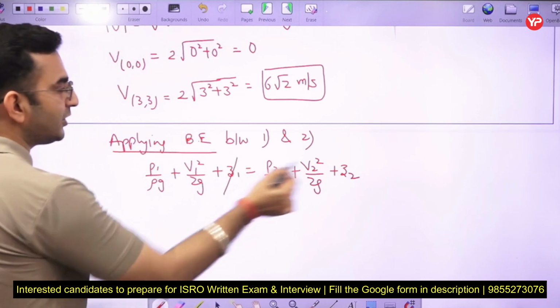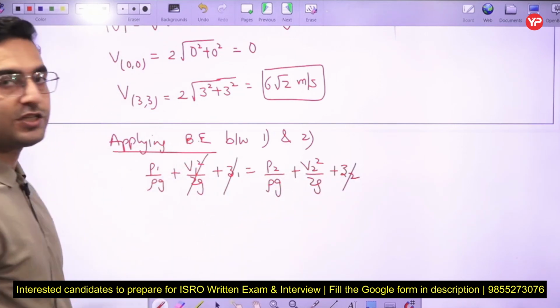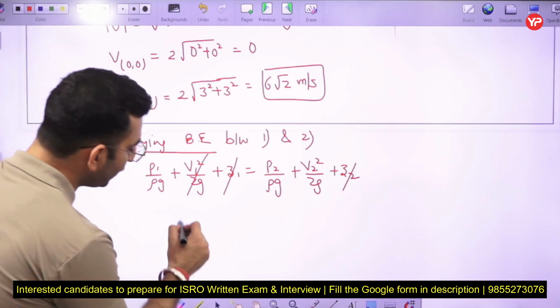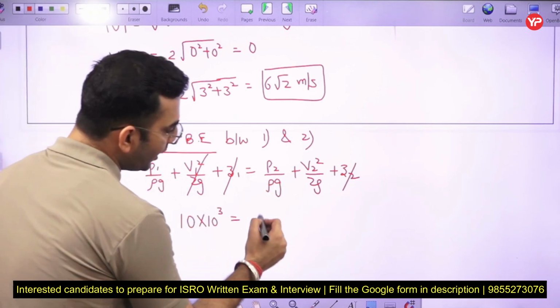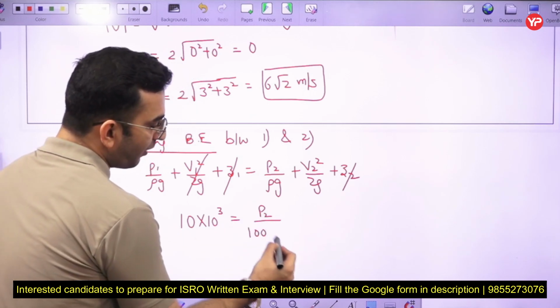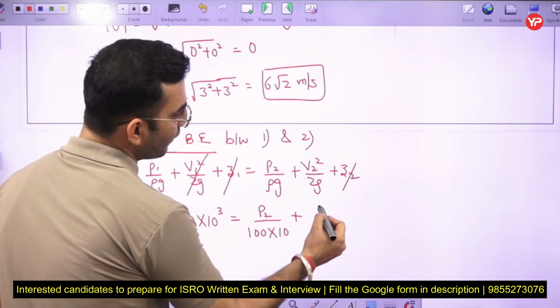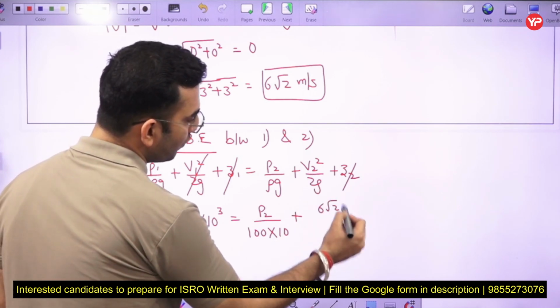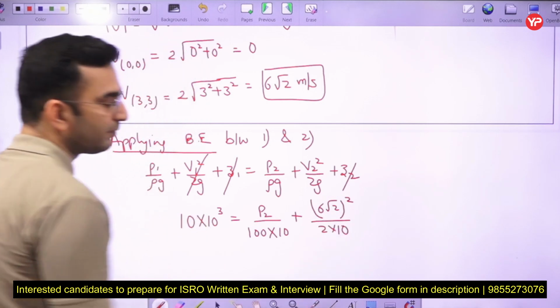The potential energy will be cancelled out. The velocity at the origin is 0, and the pressure at the origin is 10 kilopascal. Correspondingly, we have to calculate the pressure at 3,3. Density is 100, let us say gravity is 10, and V square we have calculated as 6 root 2 whole square, divided by 2 into 10.